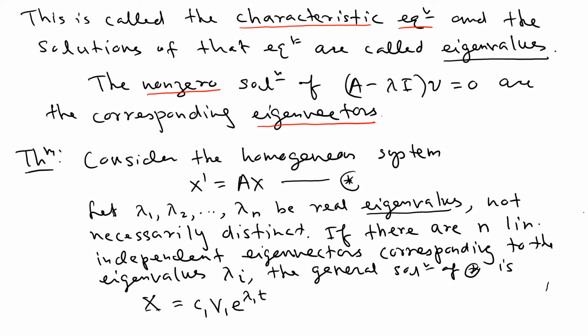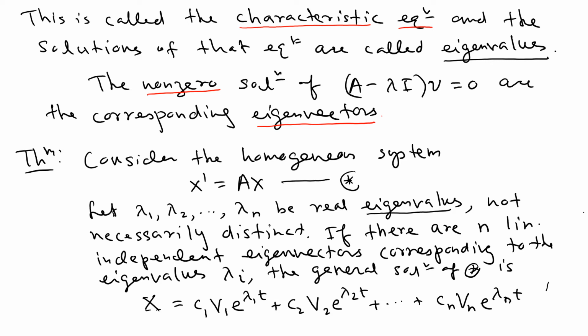That's the form, very simple. Plus C2 v2 e to the lambda 2 t, like that, and then Cn vn e to the lambda n t. So that is the formula.